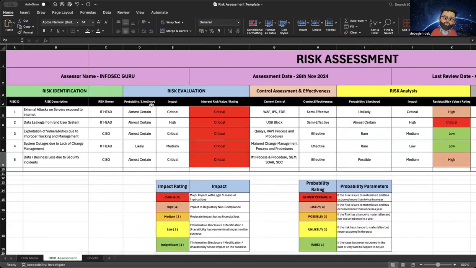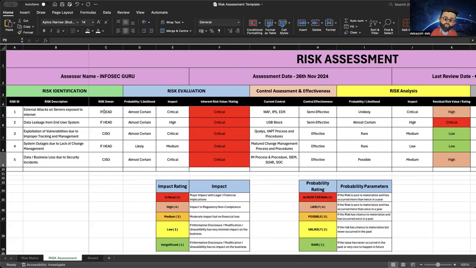So I hope this practical risk assessment is very clear to you now, and you will be able to perform risk assessment in your organization or in your professional life when you encounter such situation. But one key point to remember, this is not an activity which a GRC professional or a risk management professional would do by himself in a siloed environment.